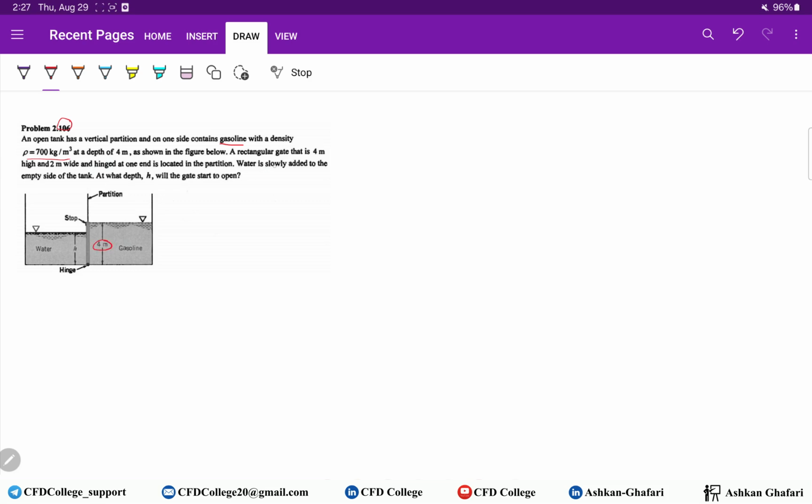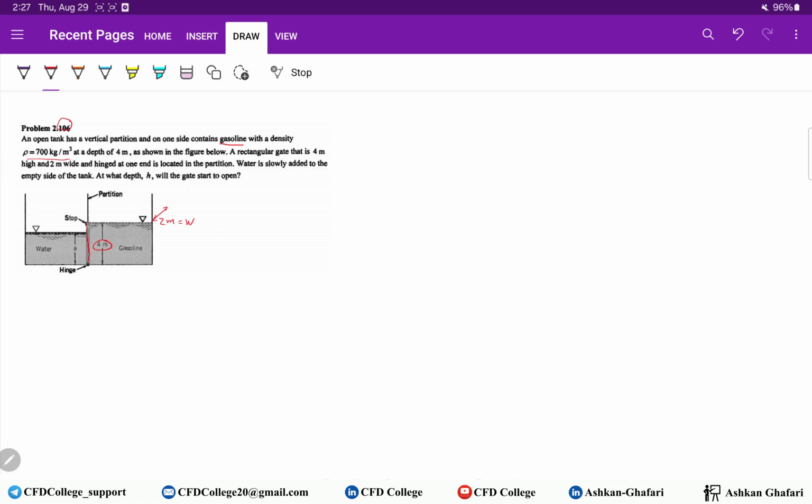As shown in the figure, a rectangular gate. This is a rectangular gate that is 4 meters high and 2 meters wide. So the depth in the third dimension is 2 meters, W. And hinged at one end, it is located in the partition.